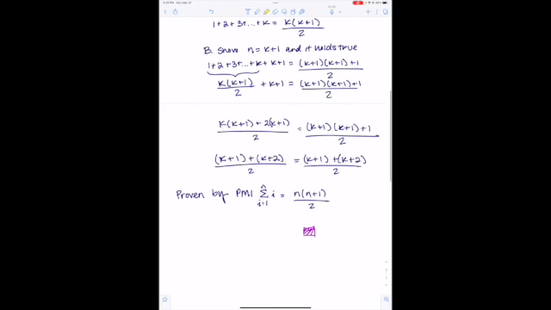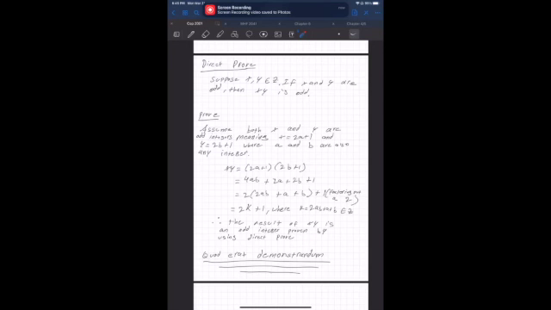To simplify and to make sure that both statements equal each other, you will then end up getting quantity k plus 1 plus quantity k plus 2 over 2 for the left-hand side. And after simplifying the right-hand side, you will then get quantity k plus 1 plus quantity k plus 2 all over 2. Therefore, they equal each other, and it is proven by PMI that the summation of n equals n multiplied by the quantity n plus 1 all over 2.